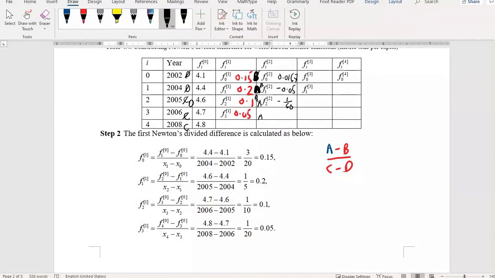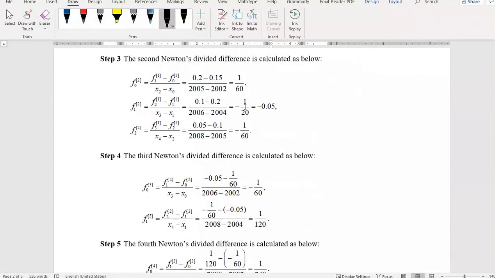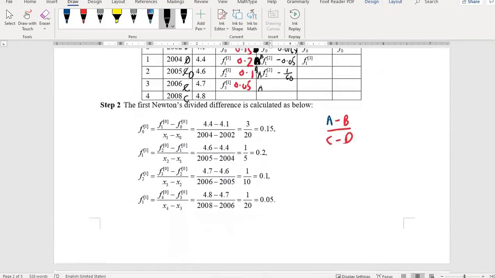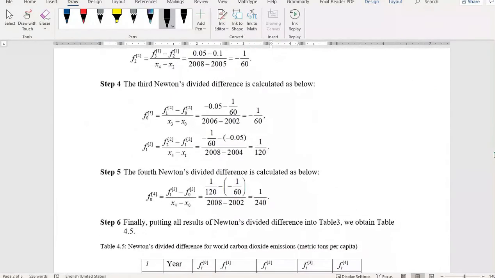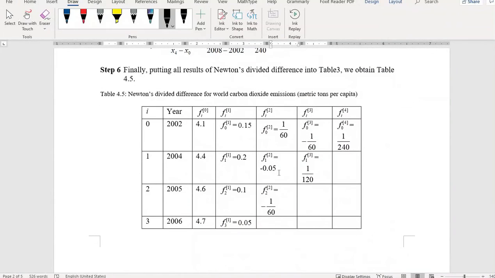Then you can check it: negative 0.05, and then negative 1 over 60. Then for the third level, it goes up to here.